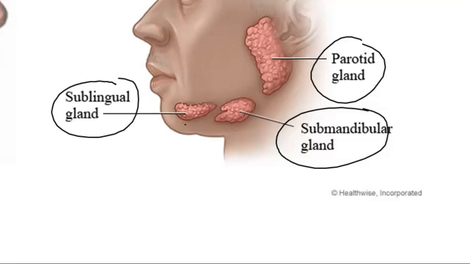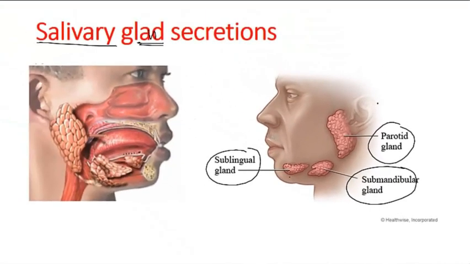Parotid glands produce serous fluid, and that fluid contains enzymes, electrolytes and a little amount of mucin, which helps to produce a little bit of mucus. That's why we have a kind of mucus around in our mouth. Submandibular and sublingual glands produce a more viscous fluid than the parotid gland.